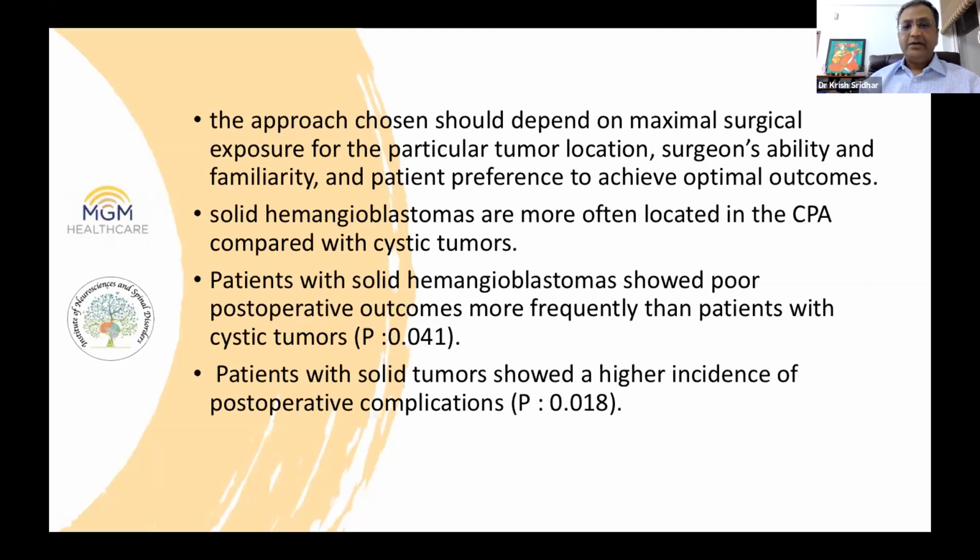And we need to look at how we want the patient to be post-operatively. Now, in the CP angle, it's more common to have solid hemangioblastomas than cystic hemangioblastomas. However, the solid hemangioblastomas showed poorer post-operative outcomes, and they had a higher incidence of post-operative complications.